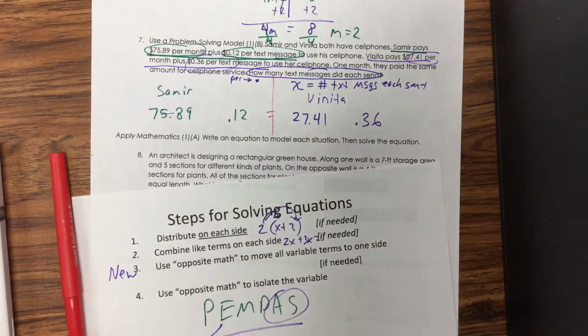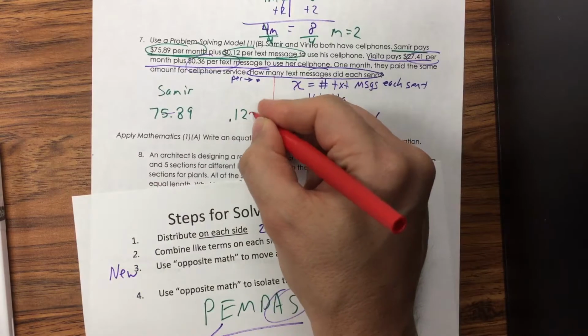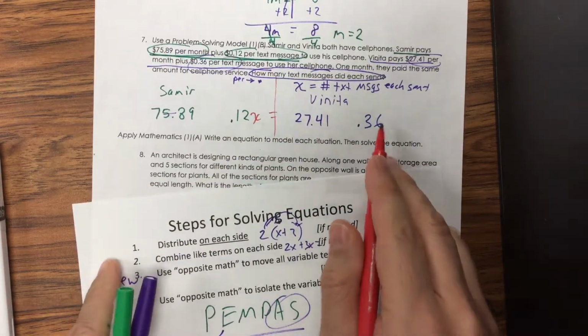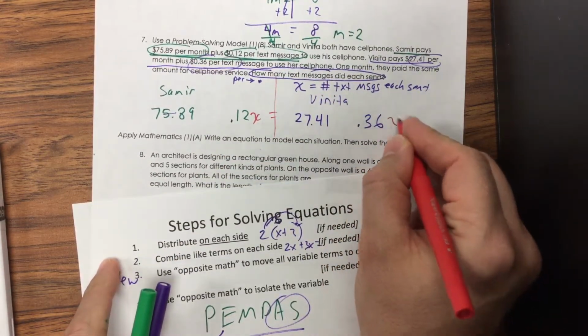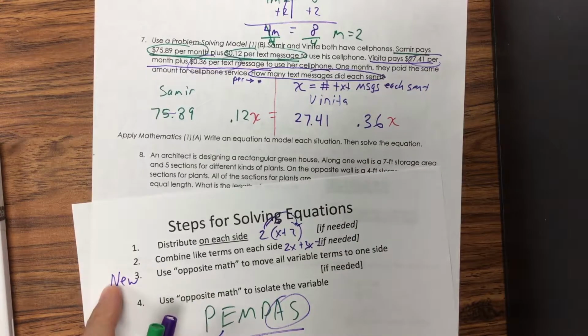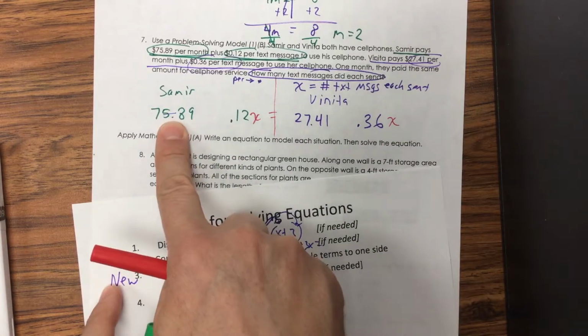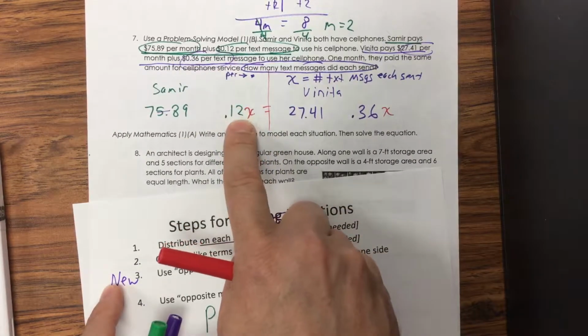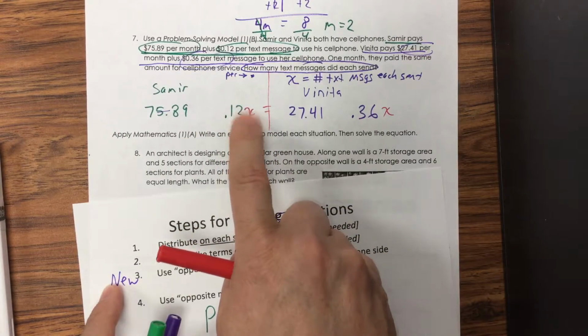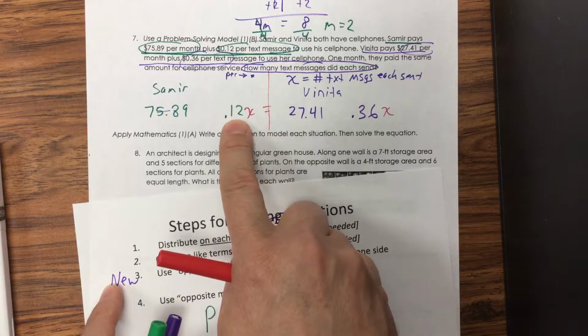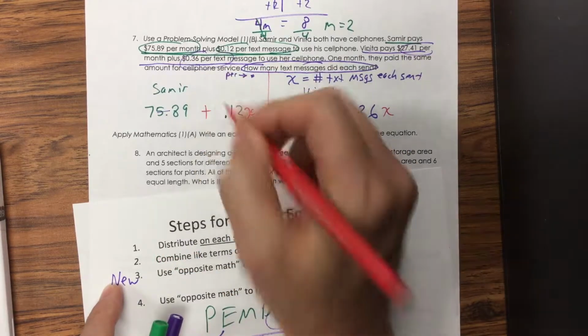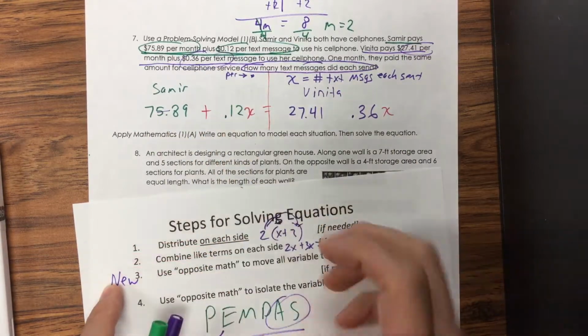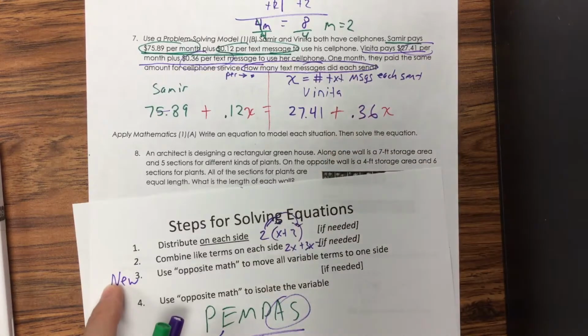Okay? So that's what we have there. 12 times X. And here we have 36 times X, the text messages. Okay, what are we doing? We're adding the price per month plus the total amount of money they pay for all the text messages, which they get by multiplying the 12 cents times all the messages. So that's that side, and this is this side.